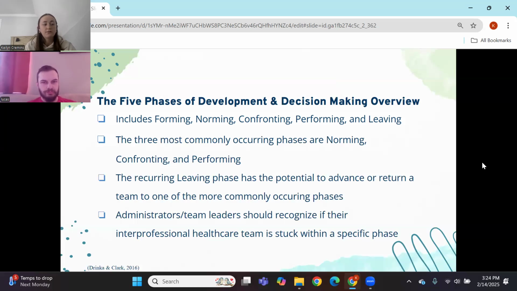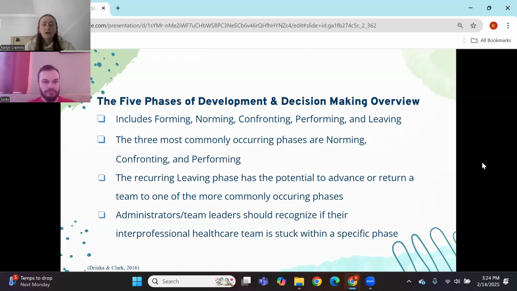Another factor is if the team is able to replace whomever left, like is the new member going to be responsible to take over the role of the previous member, even if they had a leadership role? And if so, will this expedite the new member's phase of team development, even if they're not ready to do so? And then administrators or team leaders should recognize if their interprofessional healthcare team is stuck within a specific phase.